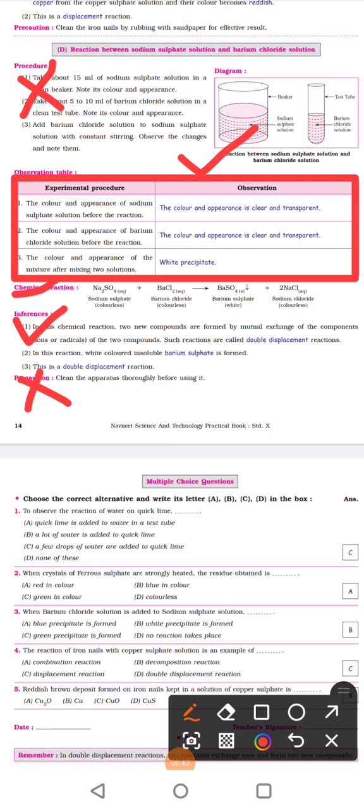The examiner may ask which two solutions you used. Here, sodium sulfate solution and barium chloride solution. Next, what kind of precipitate is formed? A white precipitate is formed. Which reaction? Double displacement reaction. Do not get confused in each and every reaction. Just remember and be focused on which reactions you got, and accordingly you have to write.